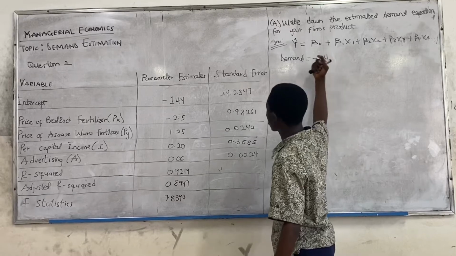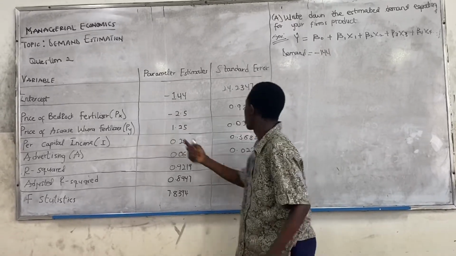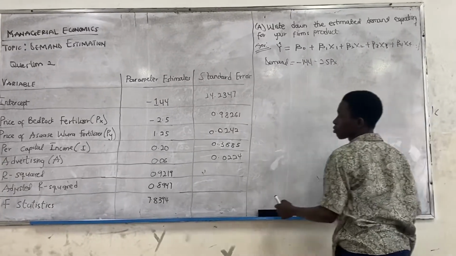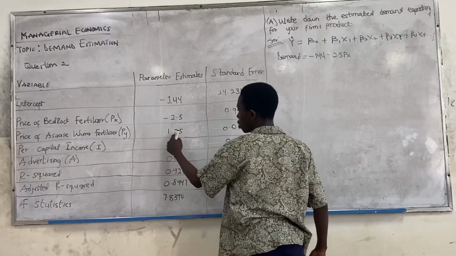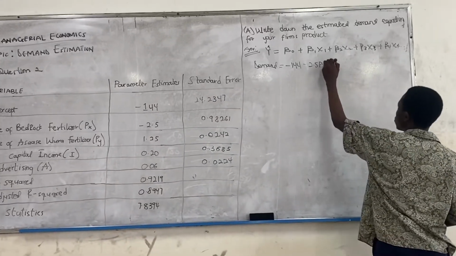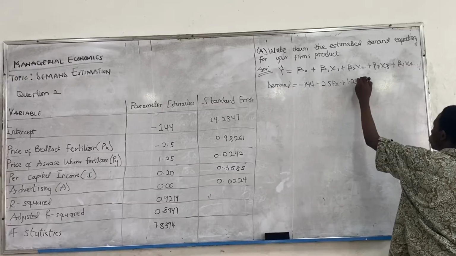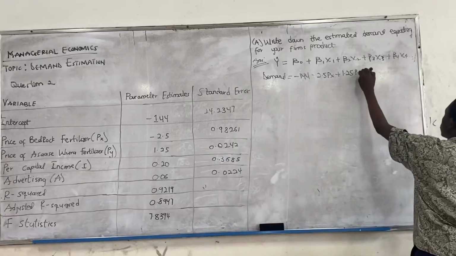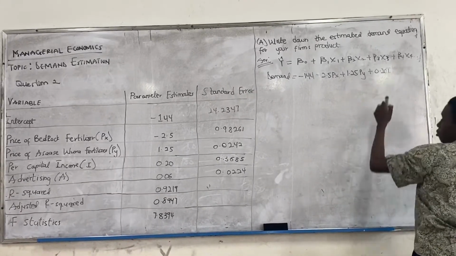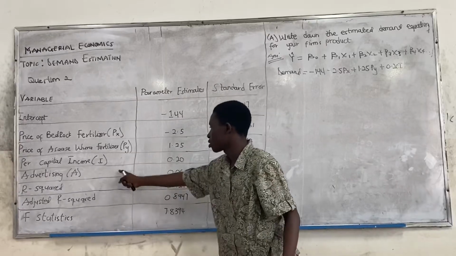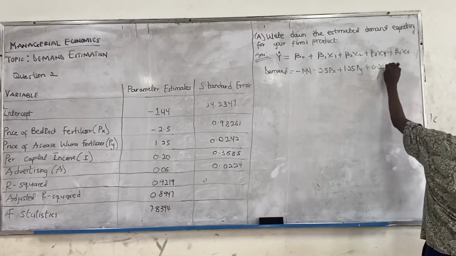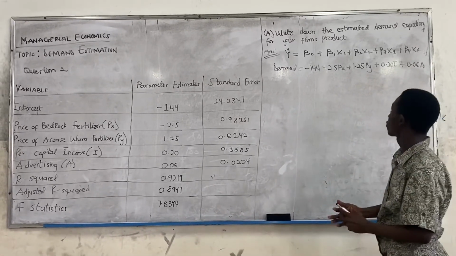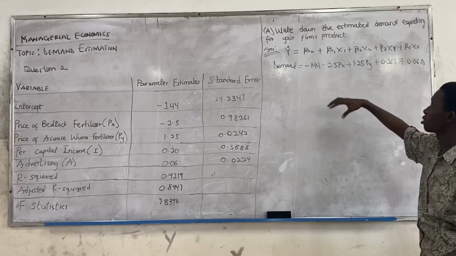The next one, beta 1, is minus 2.5 PX, plus 1.25 PY, plus 0.20 I, plus 0.068 A. So basically, this is what they were asking from you: write down the estimated demand equation for your firm's product.